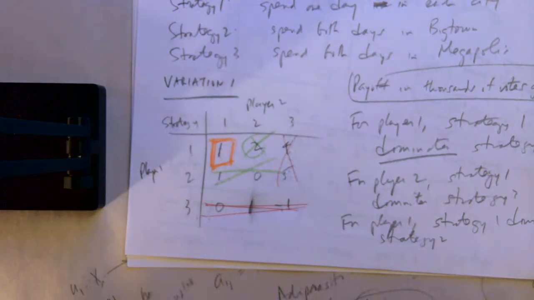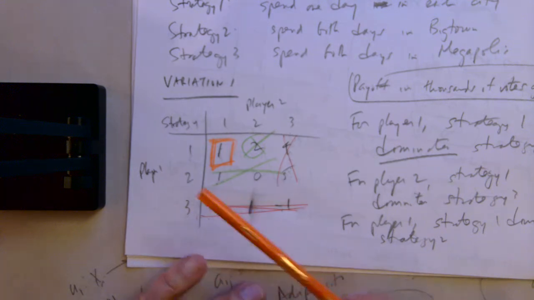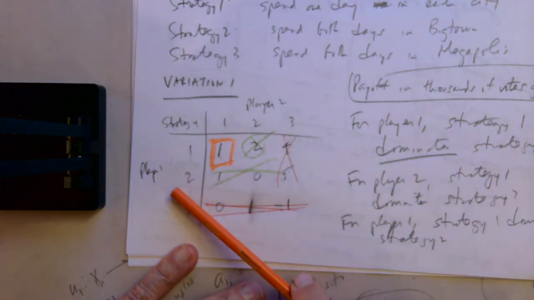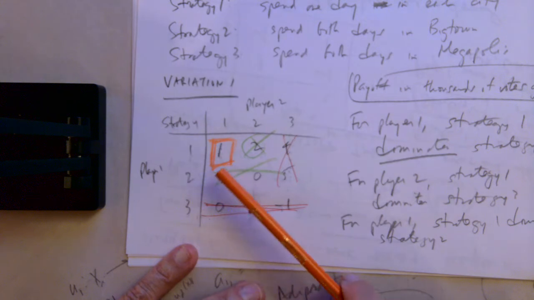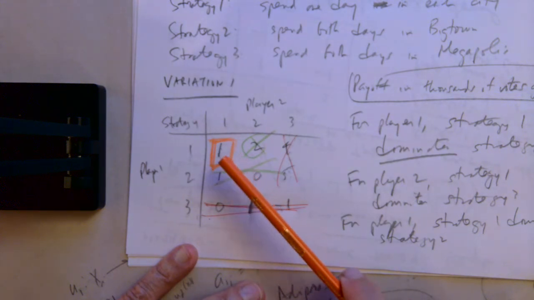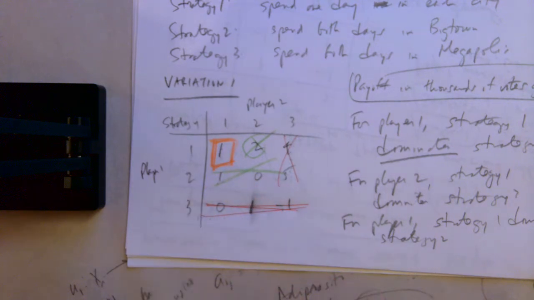And the best that they can do is they both spend a day in each city, and the first politician, player 1, will end up earning 1,000 votes. He'll have a net increase of 1,000 votes in his election total.